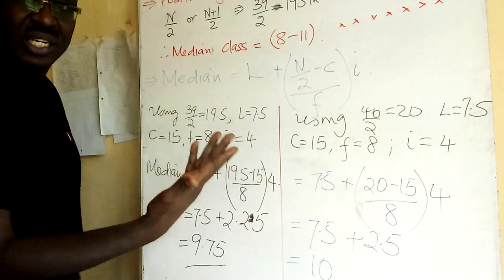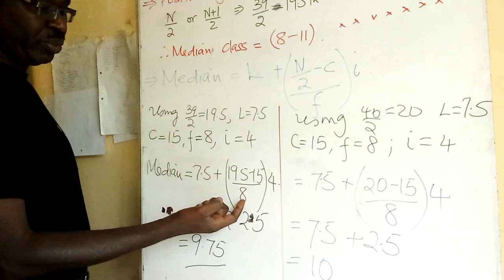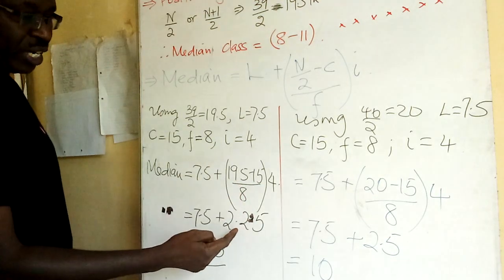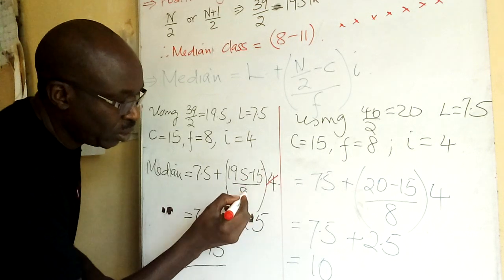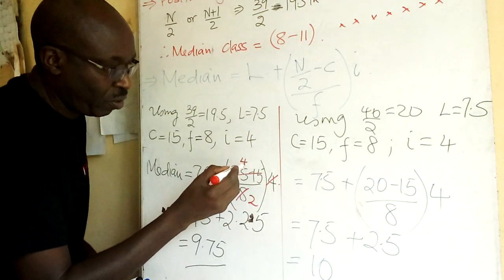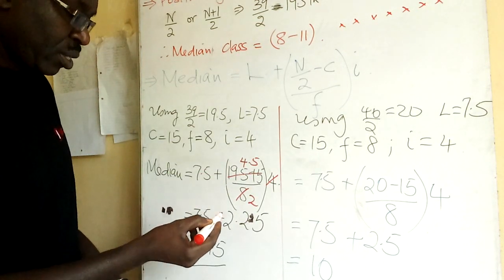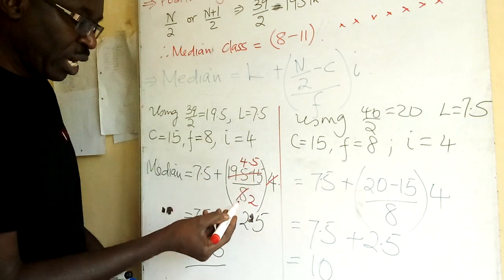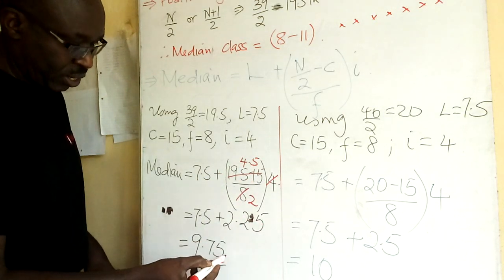I know 39 over 2 is 19.5. Subtract 15, divided by that. When you compute, you get 4. We can compute. This goes here twice. This is 4.5. Then this 2 goes here, 2.25. I add to this and that is the answer.